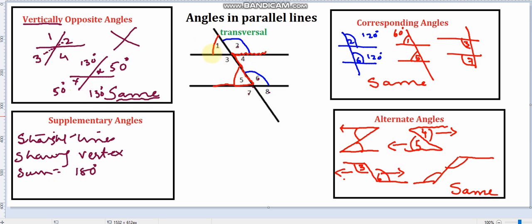Suppose angle 1 is 60 degrees, then angle 2 cannot be 60 because I know that the sum of these two angles is equal to 180. So I have to subtract 60 from 180. So I get 120 degrees. In this case, I have to subtract the given angle from 180 to get the unknown angle.